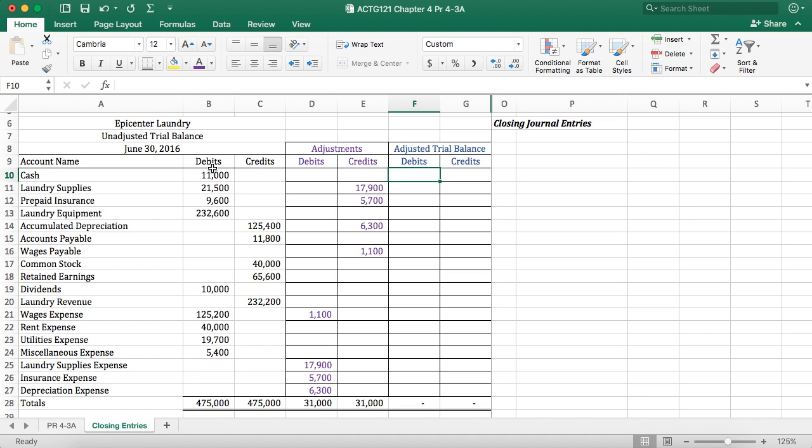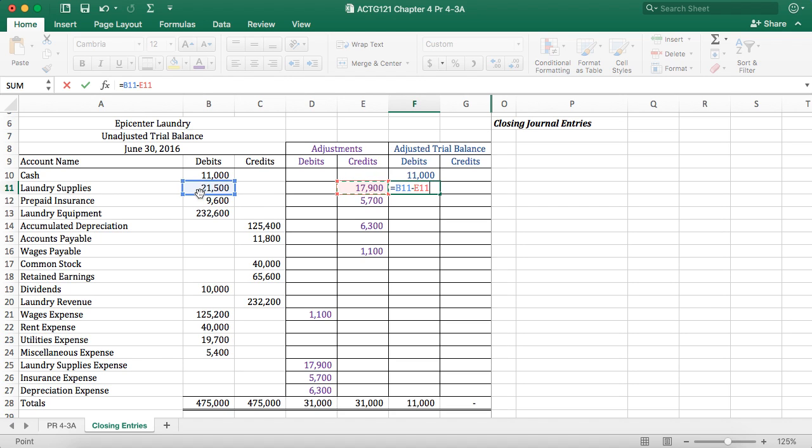So we're going to take debits, add any debits in the adjusting column, subtract any credits in the adjusting column, and then the result will be here. If there are no adjustments to the account, we just bring over the amount from here straight to here. Okay, so cash came over easily. Now we have laundry supplies, which is an asset, increases with the debit, decreases with the credit.